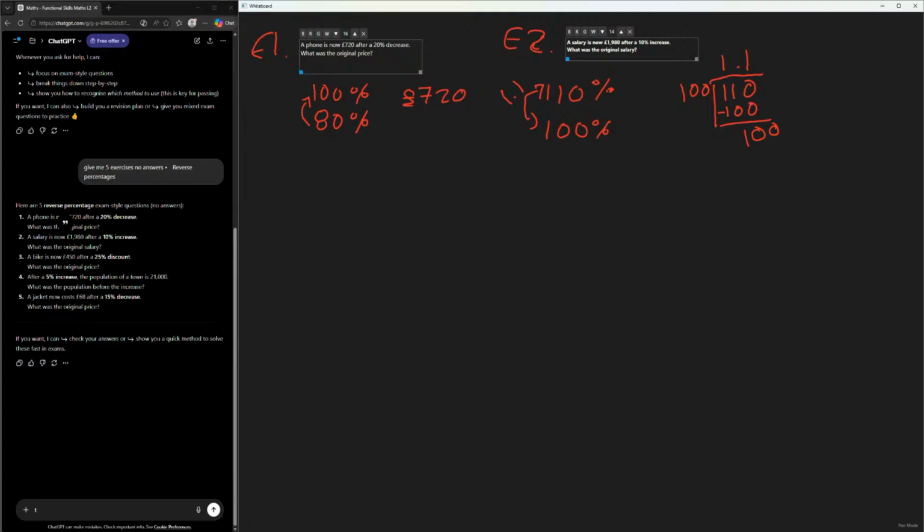Okay, and then after a 10 pound increase, the price was 198 pounds. So we need to divide 1980 by 1.1.